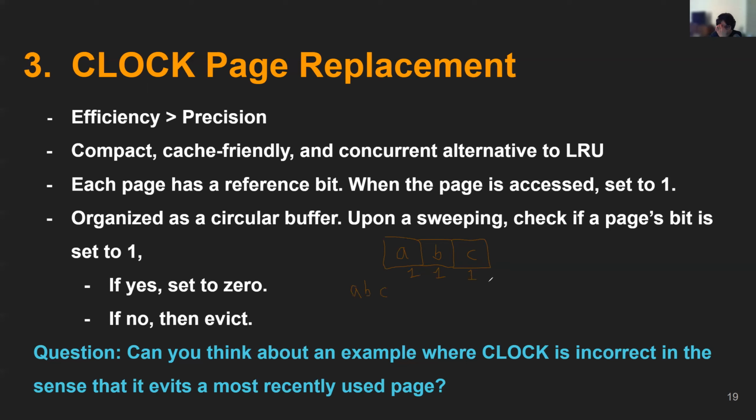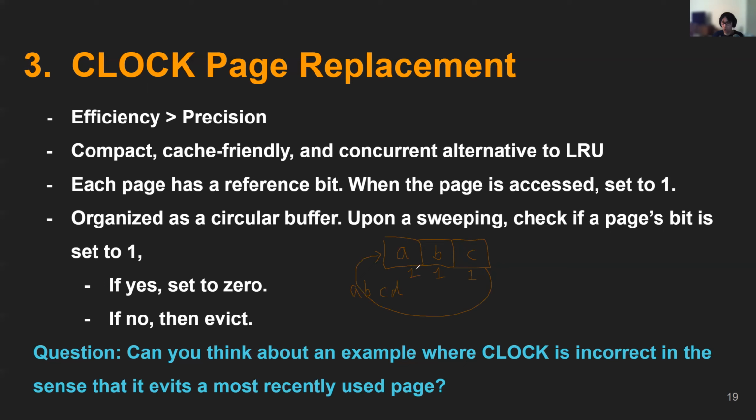Now let's say we want to access D. That means we have to evict something from this circular buffer, right? Although I draw them in a linear way, you can think of C as going back to A here.